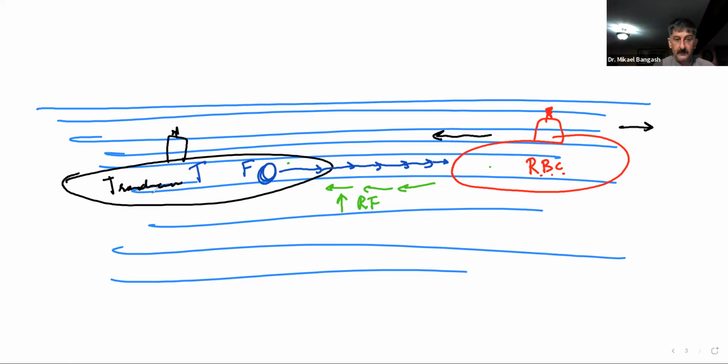Since this one here doesn't move and is just lying stationary, this is going to be the one that moves. So based on the difference in the frequency, they will be able to say, is it moving towards us? That's going to be the case if the reflecting frequency is greater than the transmitted frequency.